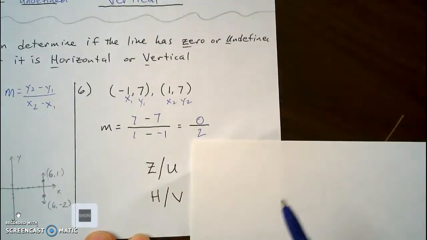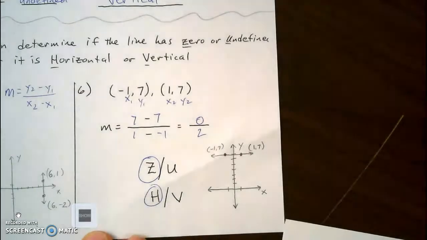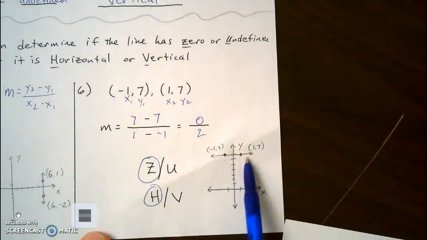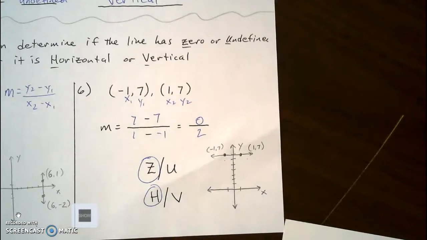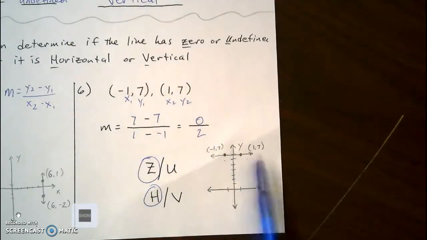And we already saw up above, when we divide that way, we get 0. And that is a horizontal line, and I made a sketch of this one. I just made a sketch of those 2 points up here, and you can see it's horizontal. So it kind of makes sense, right? Go to the left one up 7, go to the right one up 7. You're on the same level there.